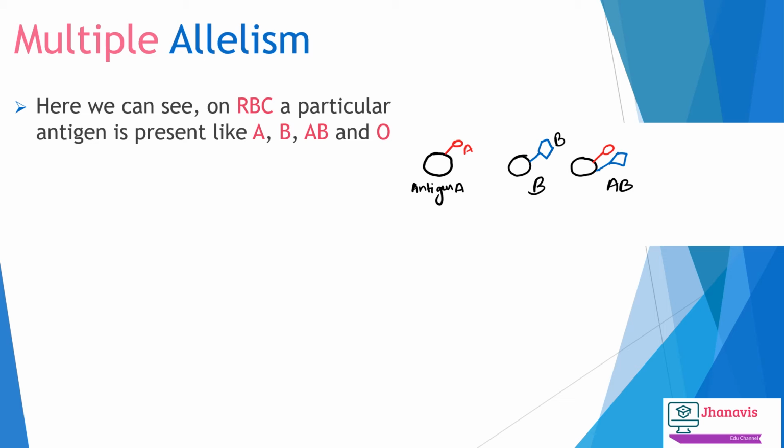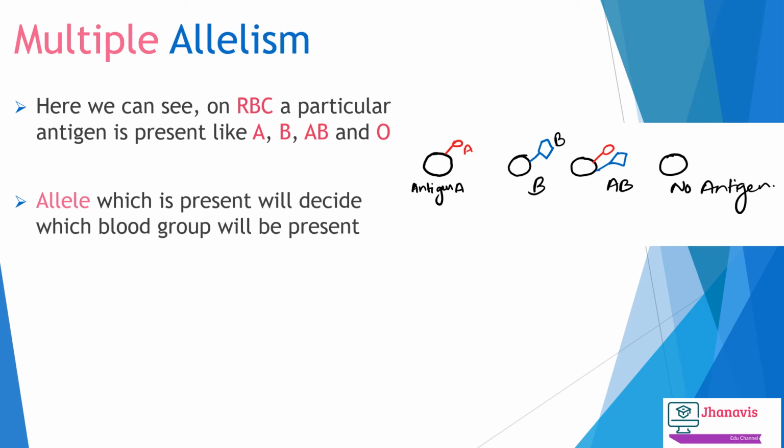If antigen A is present, it is called the A blood group. If antigen B is present, then we will call it a B blood group. If both antigen A and B are present, then we will call it AB, whereas if nothing is present, then we will call it the O blood group. You can easily distinguish this using the diagram which I have indicated here.